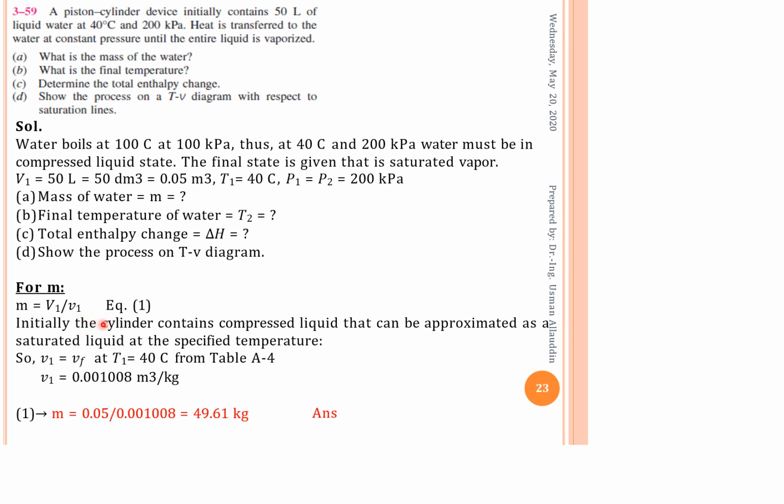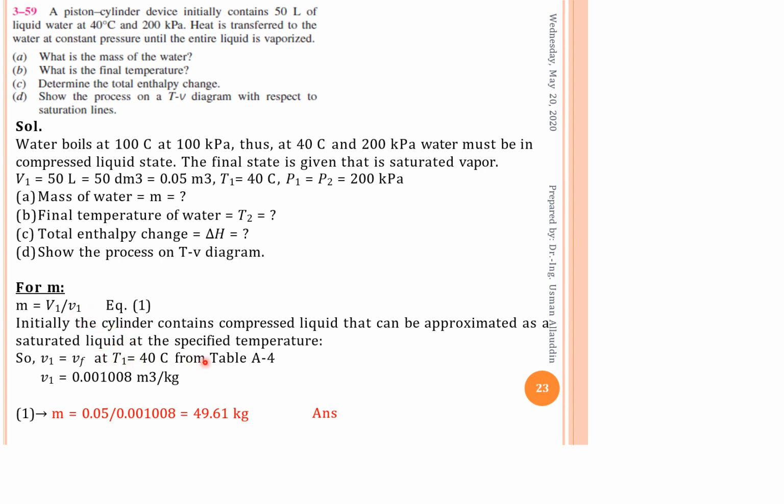So in order to find our mass, we have this formula, which is mass is equal to volume 1 divided by specific volume.